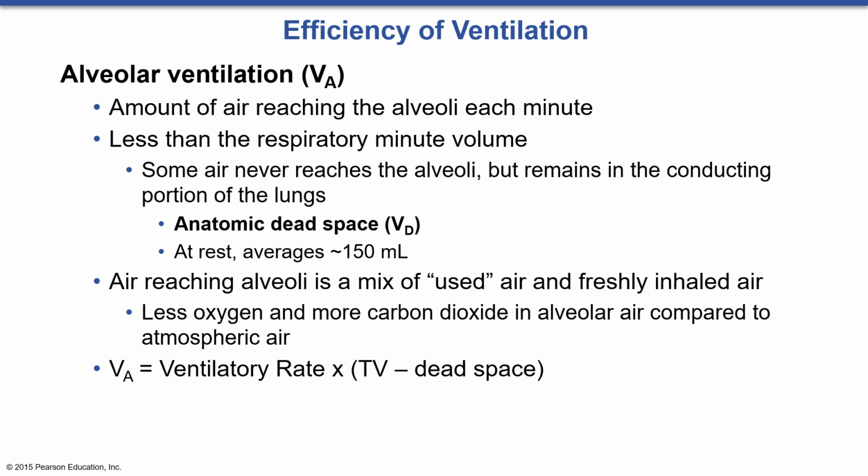The air reaching the alveoli is always a mixture of used air and freshly inhaled air. So there's less oxygen and more carbon dioxide in alveolar air compared to atmospheric air. So to calculate this, it's going to be similar to that respiratory minute volume. But first, we need to take tidal volume and subtract that 150 milliliters of dead space. Then we can multiply it by the ventilatory rate to get alveolar ventilation.